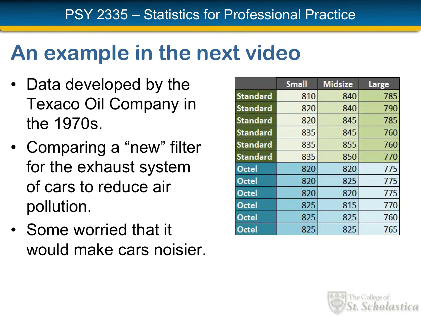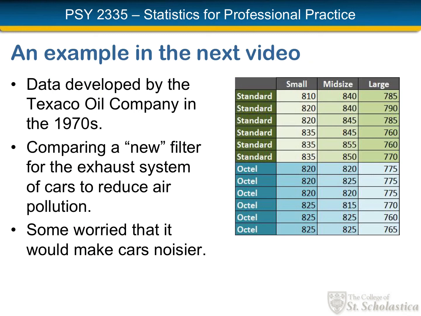In the next video, we're going to look at some actual data that was developed by the Texaco Oil Company back in the 1970s. They were beginning to look at ways to reduce air pollution from car exhaust, and they developed a new octal filter that could be put on the exhaust system. This was before the invention of catalytic converters, and some people worried that it was going to make cars noisier.